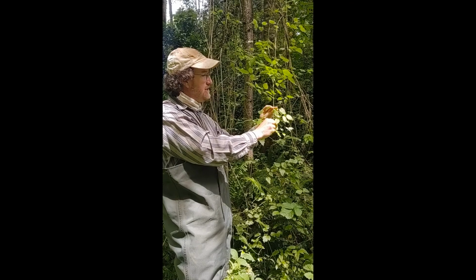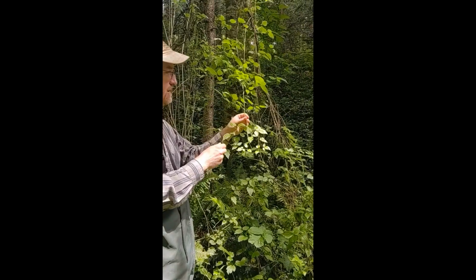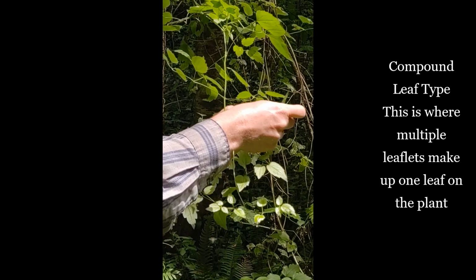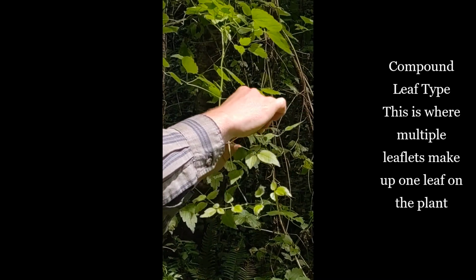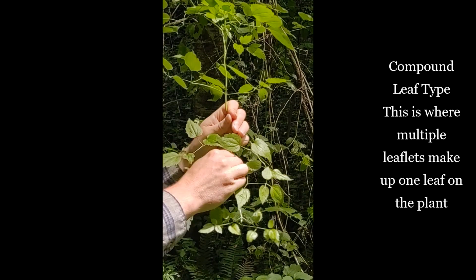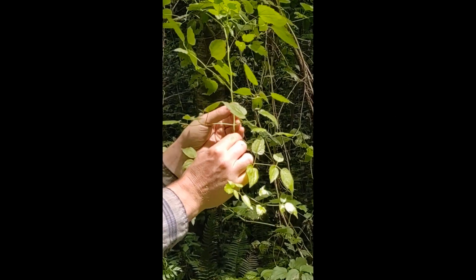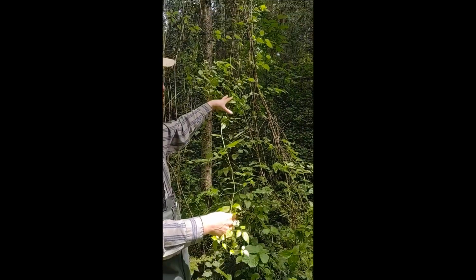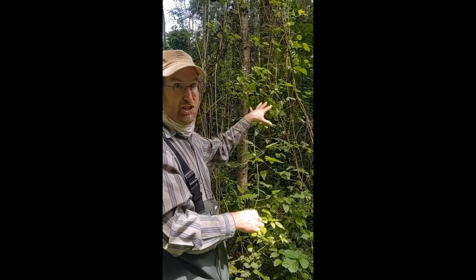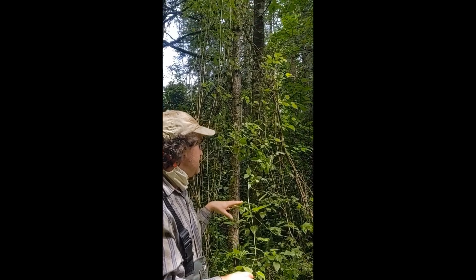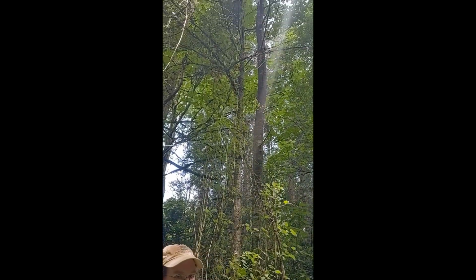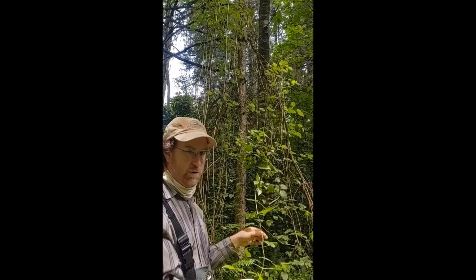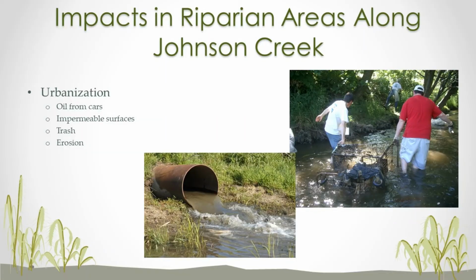Clematis is a good example of something with opposite compound leaves. Here's a leaf. This is the whole leaf, or these are leaflets, and they're coming out in pairs. And clematis, as you see, is real good at climbing. That's its jam. This will completely smother trees if left to its own devices.